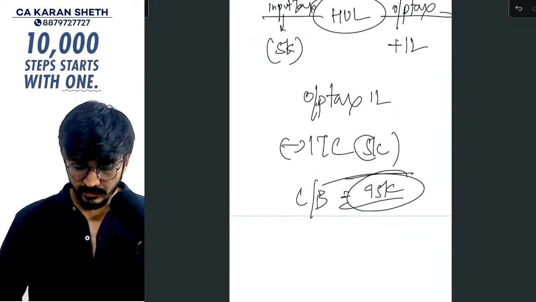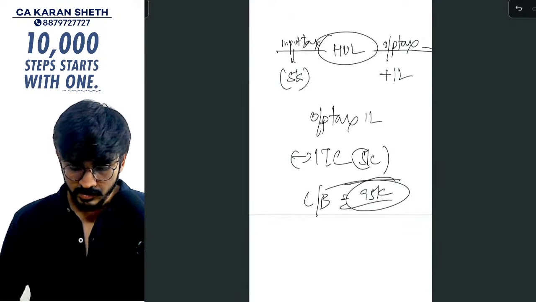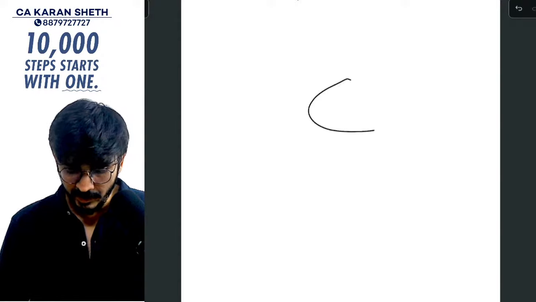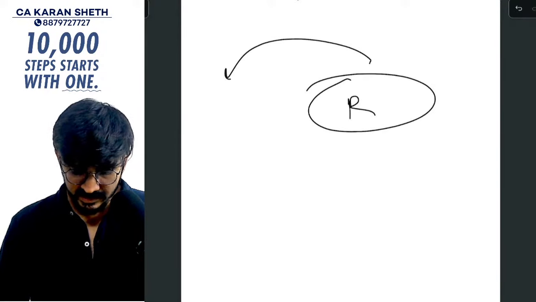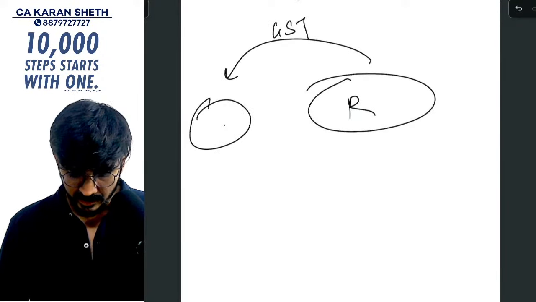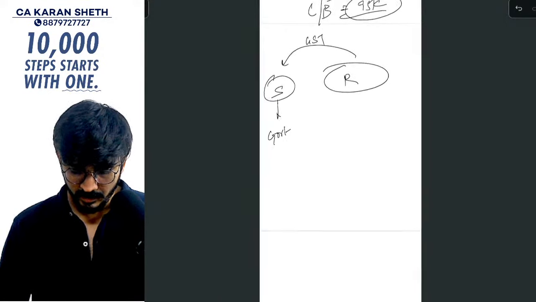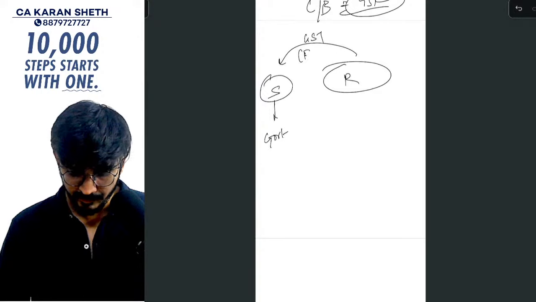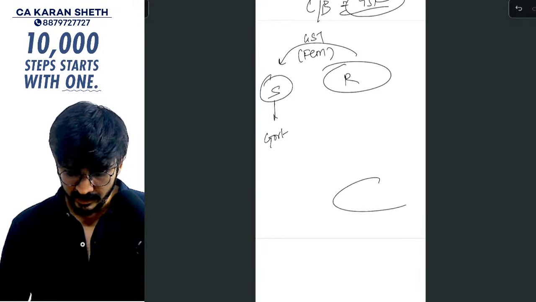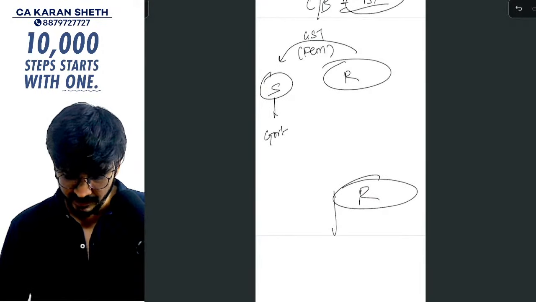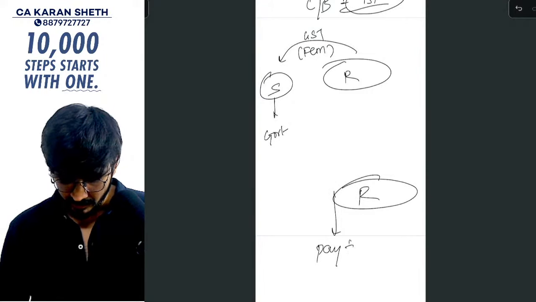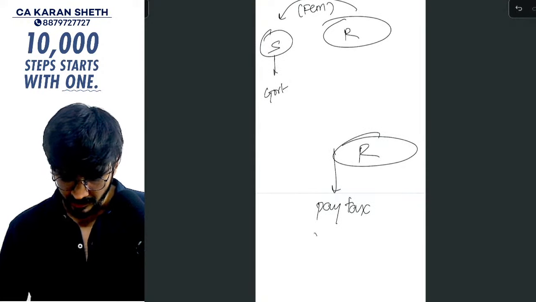Yeah. Okay. It doesn't matter whether the recipient pays GST via the supplier to the government, which is FCM, or whether the recipient himself pays tax to the government as per RCM.